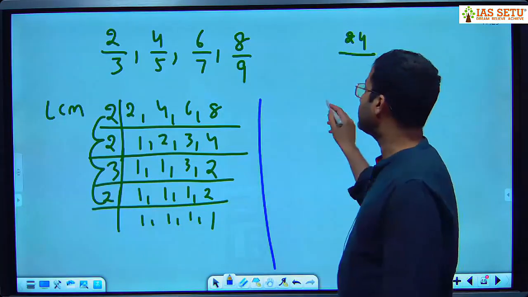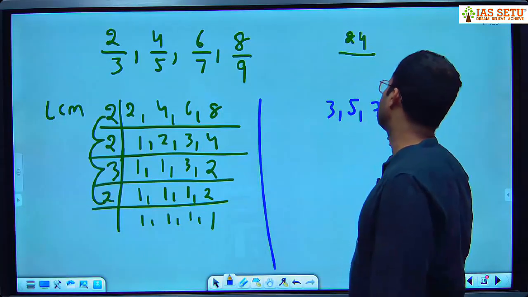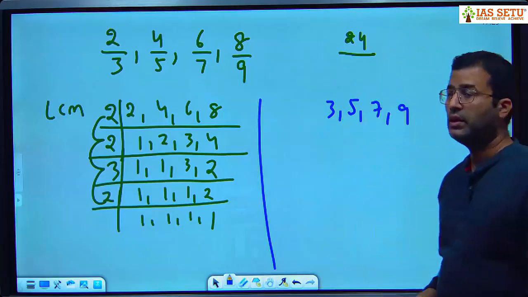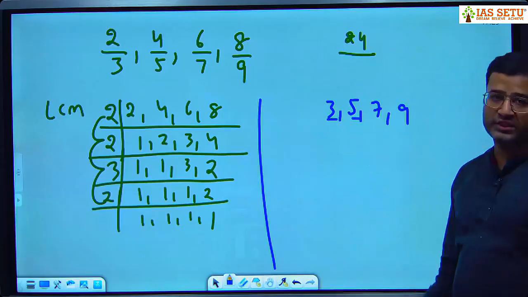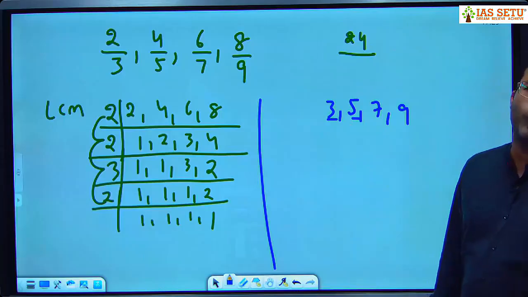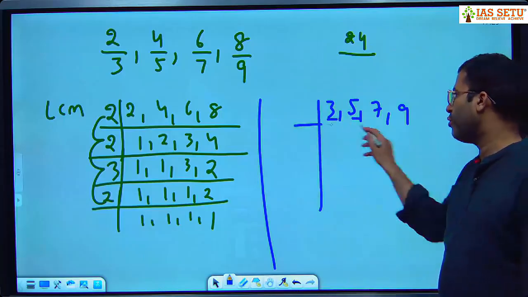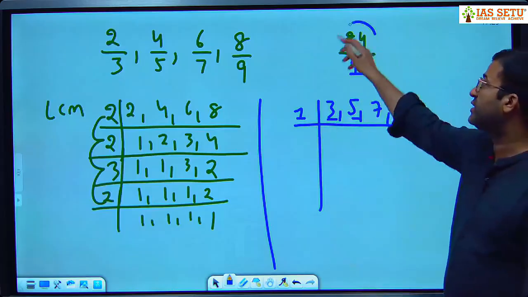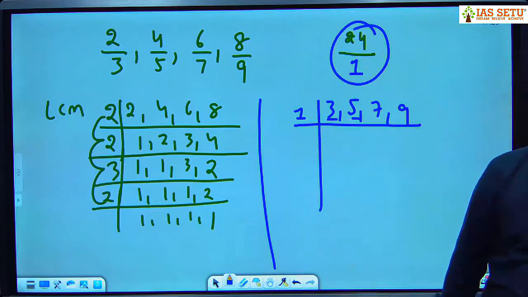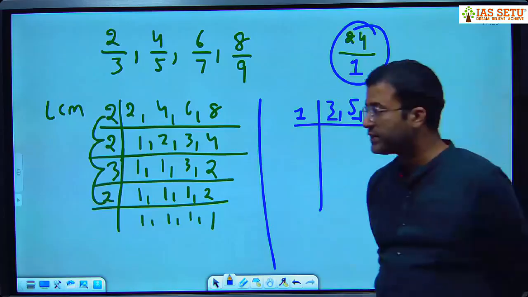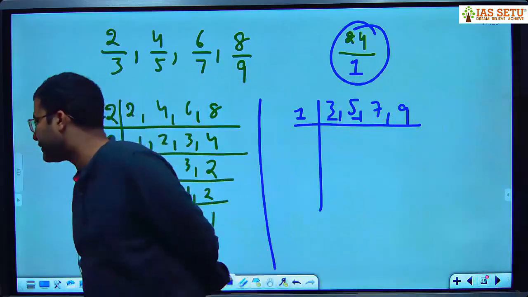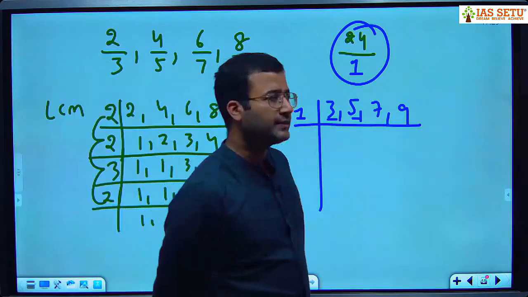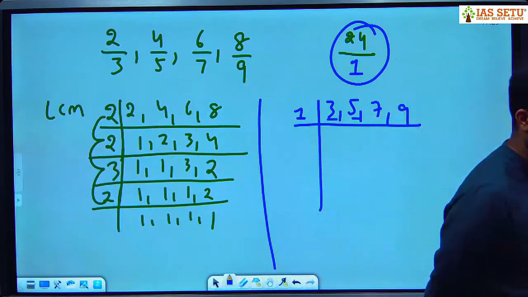Now what is HCF of 3, 5, 7, 9? Here nothing common out of this given number. If any two numbers are co-prime, so you don't have a common factor, it is only option 1. So our answer is 24 upon 1. Because LCM of 2, 4, 6, 8 is 24 and HCF of 3, 5, 7, 9 is 1.